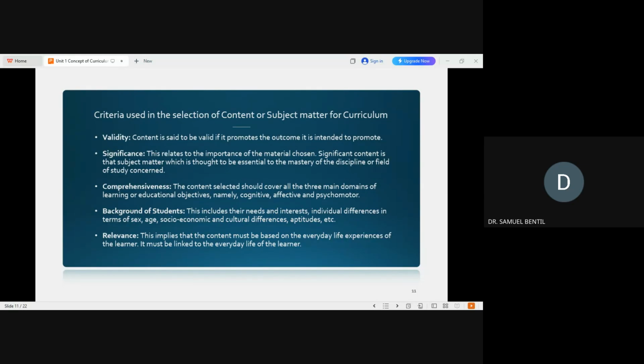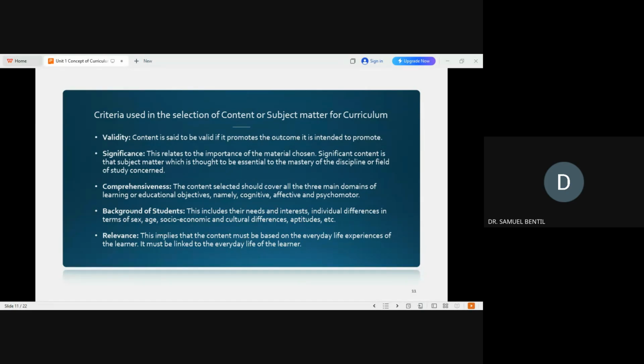So you see, the significance criteria ensures that whichever materials or resources are chosen in line with the subject matter must be so significant that they develop the learner's mastery in the discipline or in the area. It is important that you are in tune with what is currently happening in the senior high school so that you can be a master in the area in order to teach that subject.